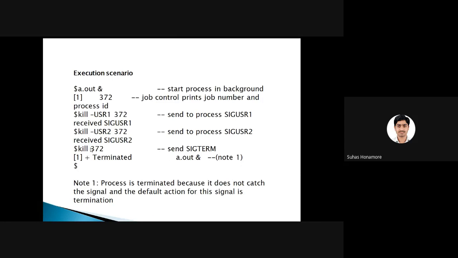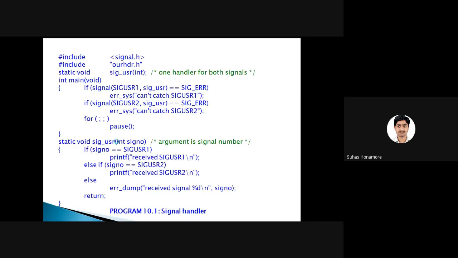Now the third time we're running this, and instead of passing the specified signals, we are now just passing kill. Whenever it comes as a kill, by default the kernel has written that you can't ignore this signal. Normally whichever process receives this signal will terminate.